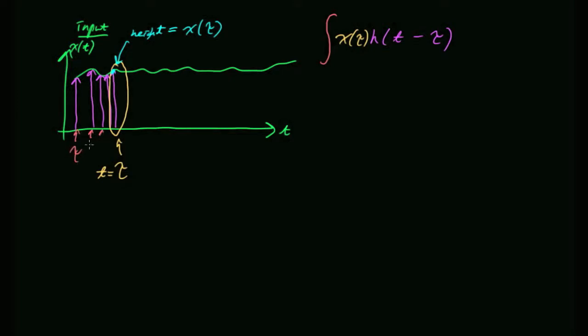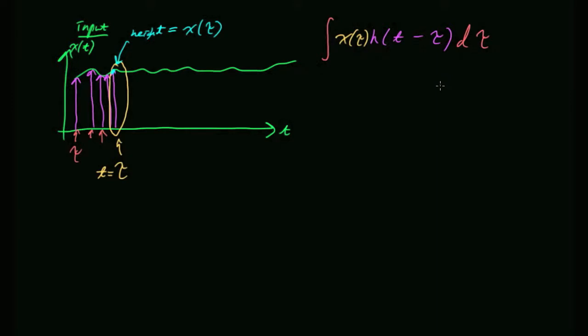If this were discrete sums, I would want to sum it over all values of tau, right? But there's so many taus, and they're infinitely close together, that instead of doing a discrete sum, I'm going to do the continuous version of that, which is essentially to integrate it over all tau.